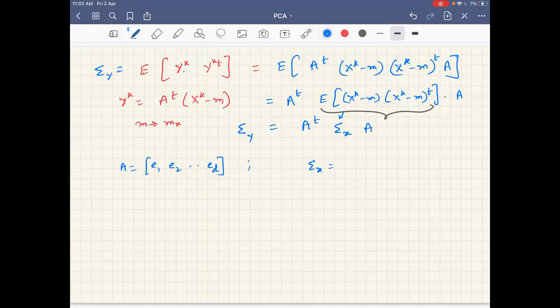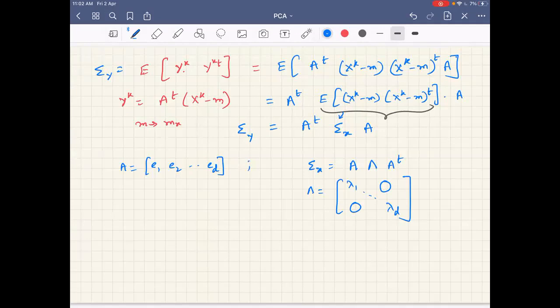If you are aware of eigen decomposition, any real symmetric matrix can be decomposed in terms of its eigenvalues and eigenvectors as the product of the eigenvector matrix, the eigenvalue matrix, and the eigenvector matrix transpose, A transpose, where lambda has the eigenvalues placed on the diagonal and the big zero means all the non-diagonal elements are zero.